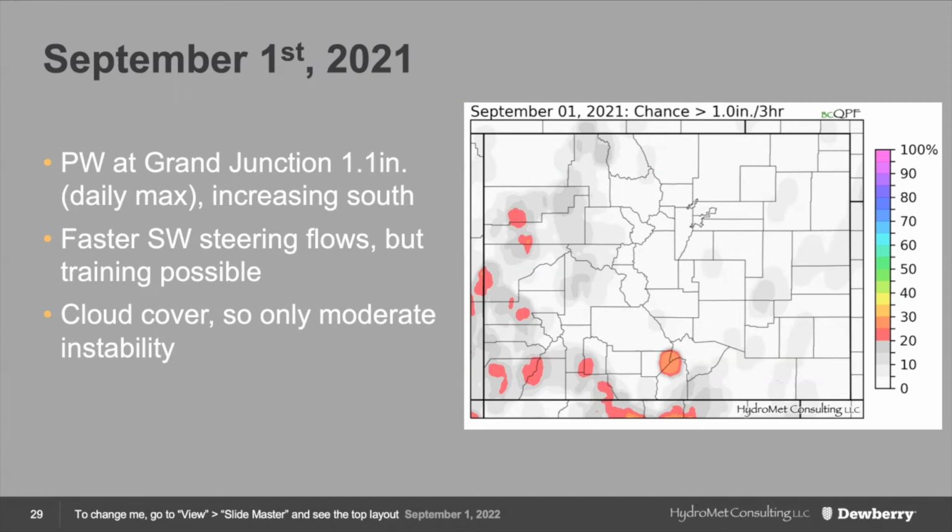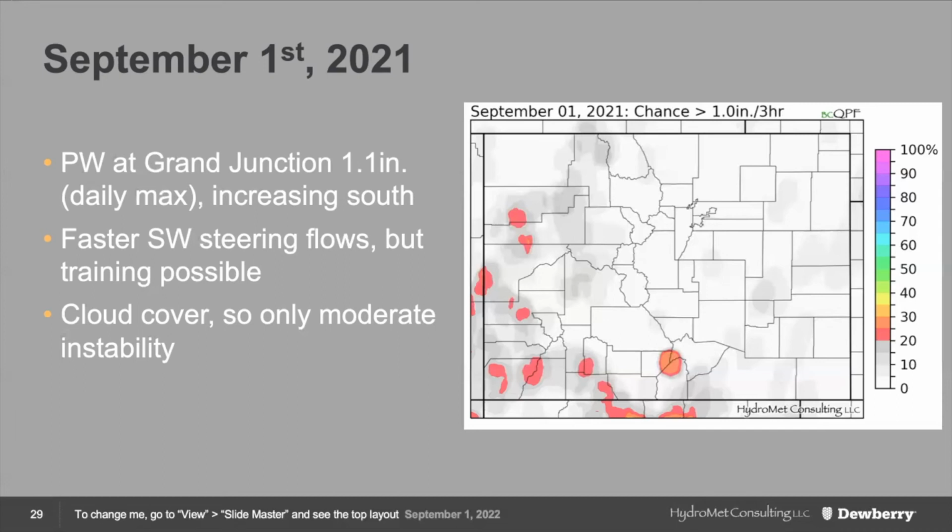But the fact that the storms could train or rebuild over top of each other meant that there could be a couple hours worth of moderate to heavy rainfall. So that was really driving the overall threat today. We had something like up to 2 inches in 3 hours of intensity, which is definitely noteworthy for Western Colorado.